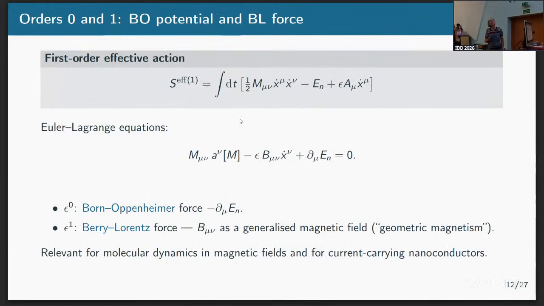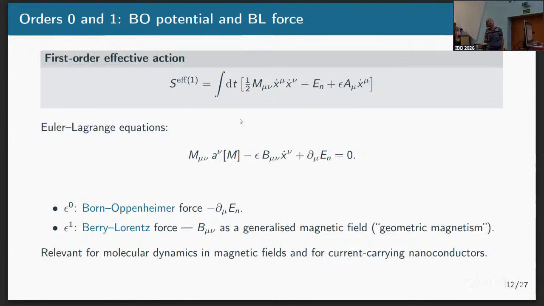So in the first order, our effective action, if you remember, had the zeroth order energy, and then in the first order in epsilon, we had this gauge potential appearing. It's a gauge potential in the action. It is gauge invariant because I assume that the total derivative in time will vanish. So I apply the boundary condition. So for this system, this is a gauge invariant expression, although I have a naked gauge potential.